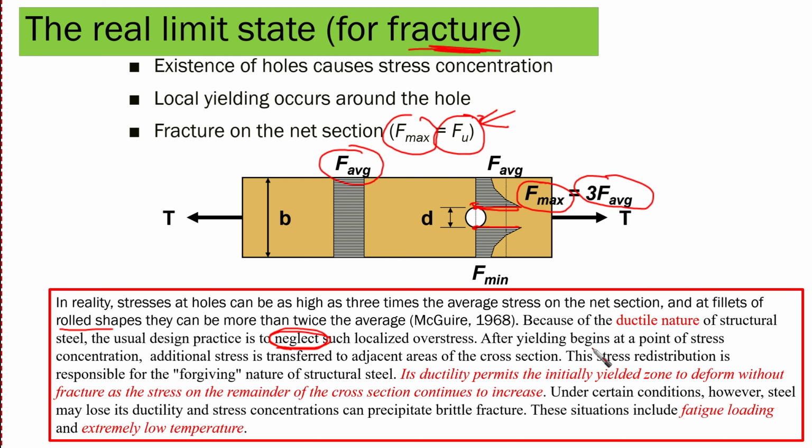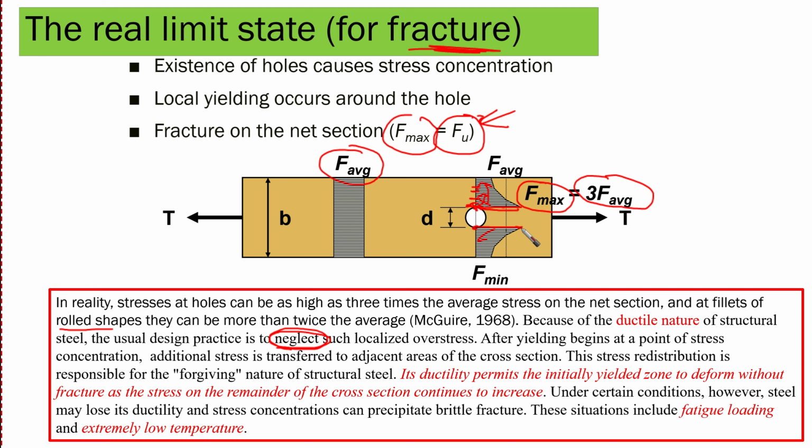After yielding begins, look at this, why we are neglecting: because after yielding begins at a point of stress concentration, so if we say that at this very edge point here, yielding is going to take place, what will happen? This yielding here is going to distribute some of the loading or some of the stresses to the adjacent strips. Then the high stresses here are going to be reduced because of the redistribution of the load.